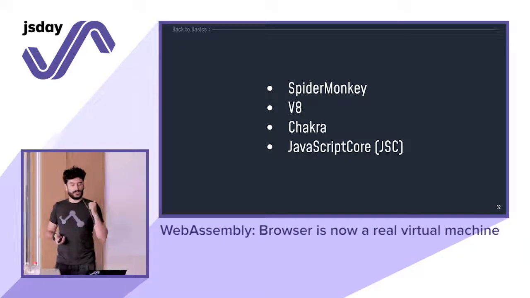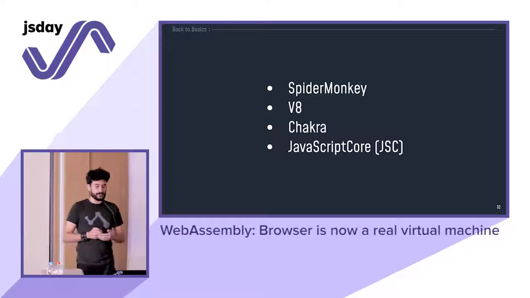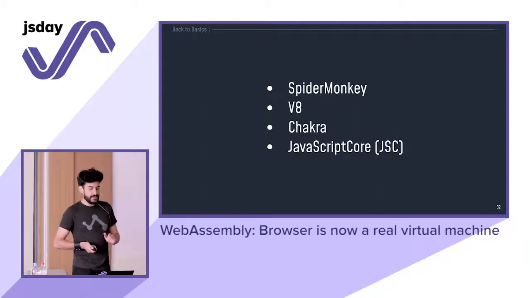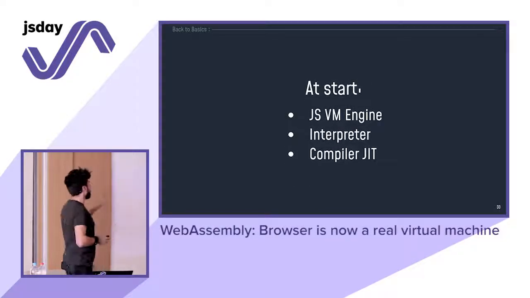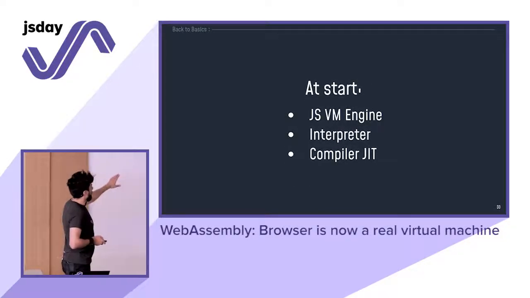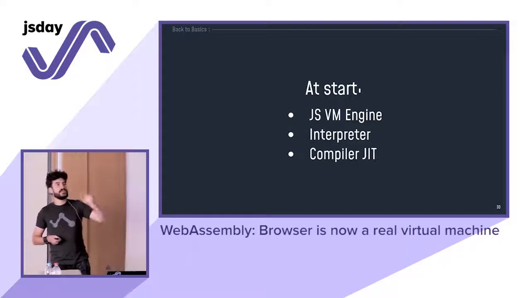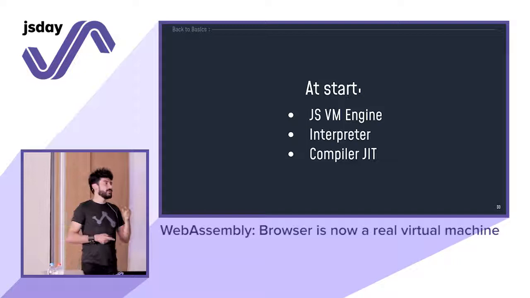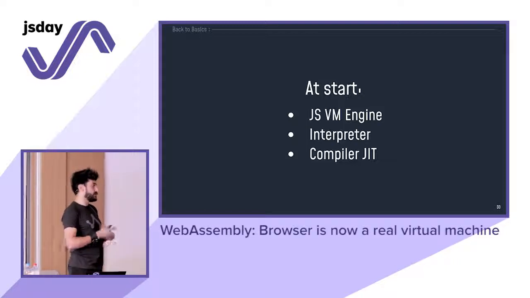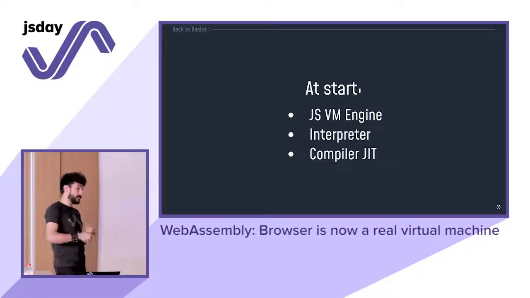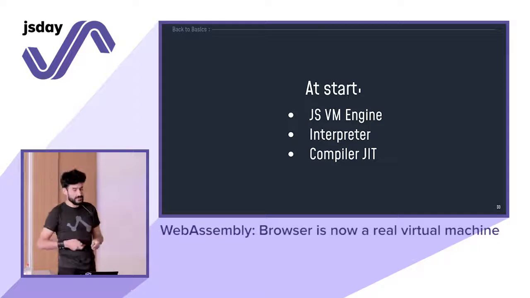We've got JavaScriptCore, and all JavaScript engines work the same way. At the start, we've got the JavaScript virtual machine engine, which is an interpreter, which has a just-in-time compiler, which is able to optimize subparts of your JavaScript code if it can be predictable. So you can optimize it.